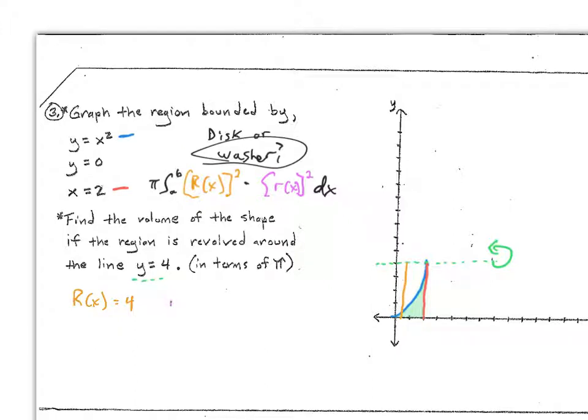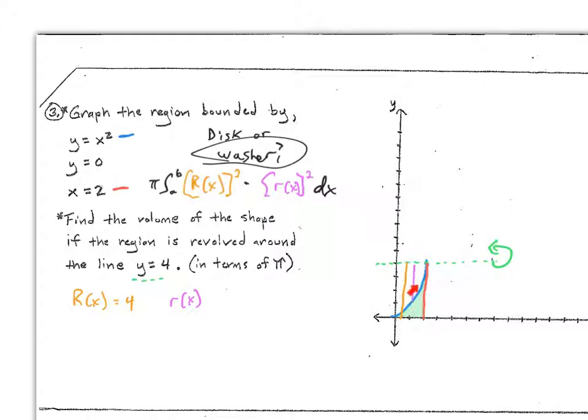Now little r of x is going to be this part right here that I just drew in purple. It's going to be a lot more challenging to figure out what that is because that's our gap. I've got to take out our gap, and I just want that purple segment. You know that the distance from the line of revolution all the way down to the axis is 4 units.